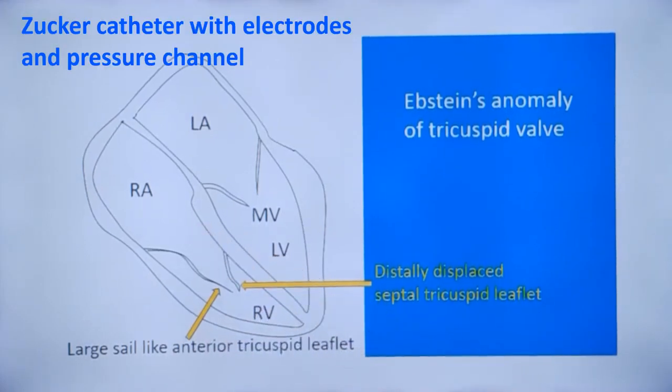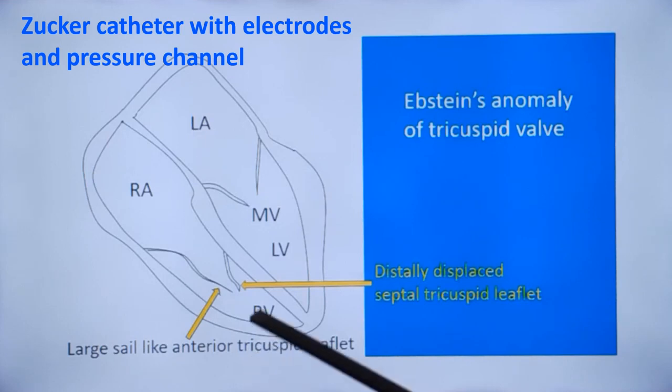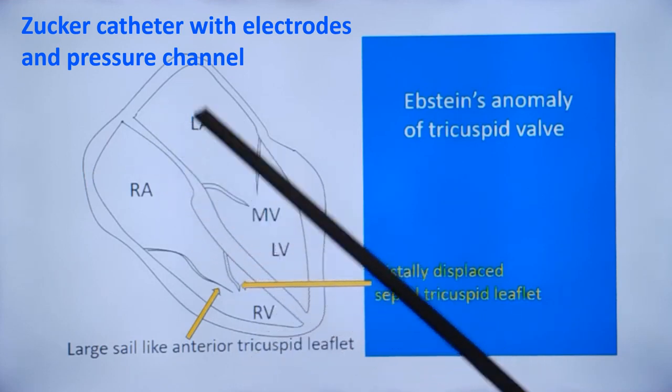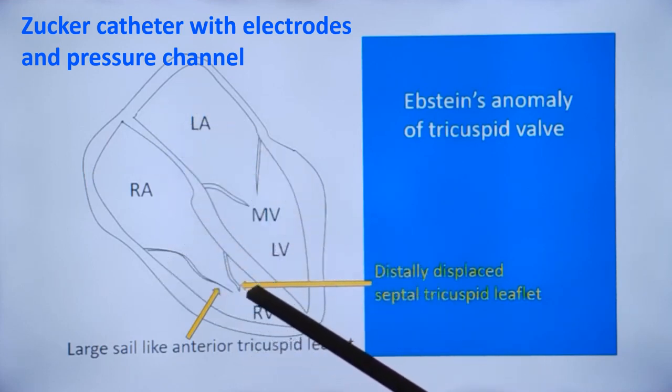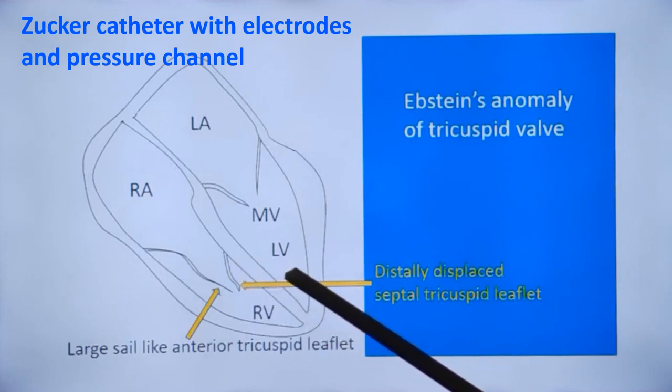This atrialized portion of the right ventricle will have electrocardiographic features of the right ventricle and the pressure tracing of the right atrium. This is known as Hernandez sign, which is detected using a special catheter known as the Saka catheter.